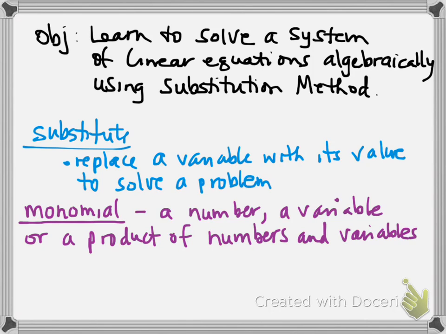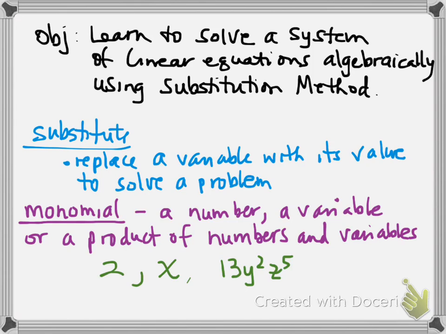Okay, so for example, 2 is a monomial, x is a monomial, 13y squared z to the 5th is a monomial. Okay, and I think we talked about this when we were doing exponent rules. We talked about monomials.